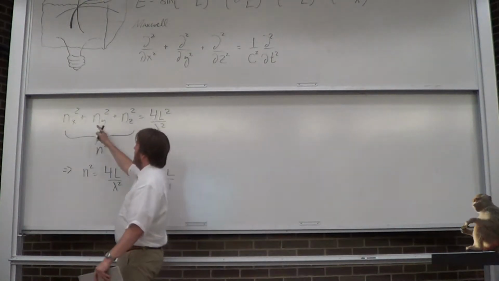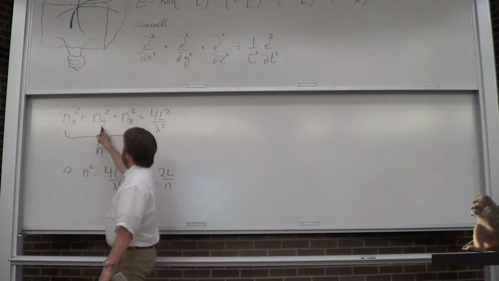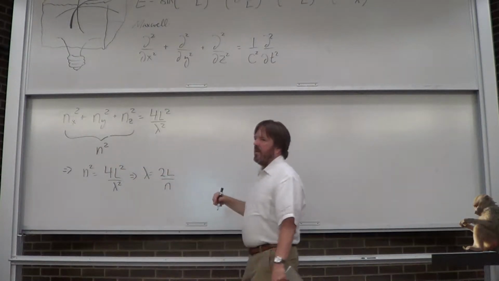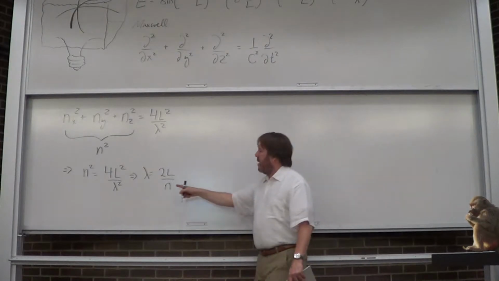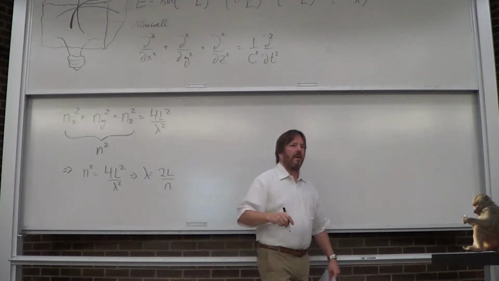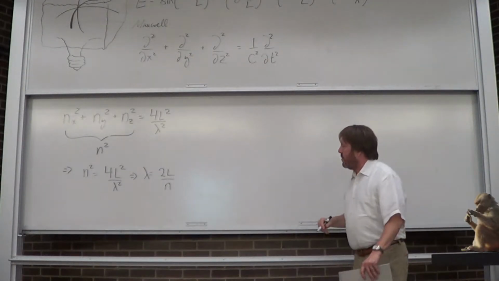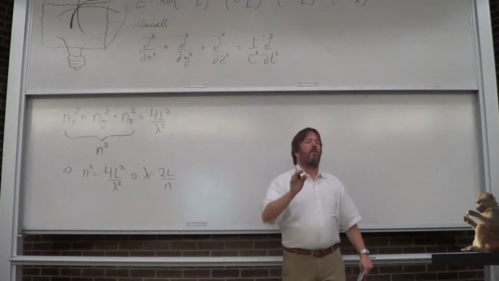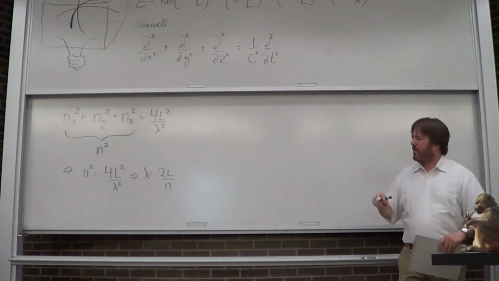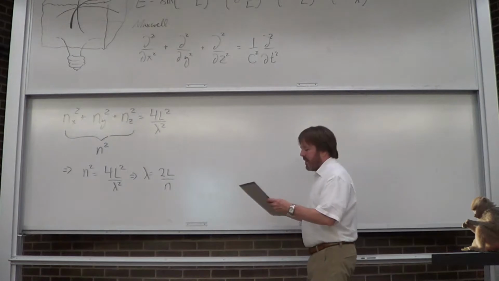Look at what I drew up there: 1 squared, 1 squared, 1 squared, n squared is 3, right? So now I know the wavelength: 2L over the square root of 3. I won't write that down, it's a little complicated. I hate square roots, but anyway. Okay, so that's what I've done.